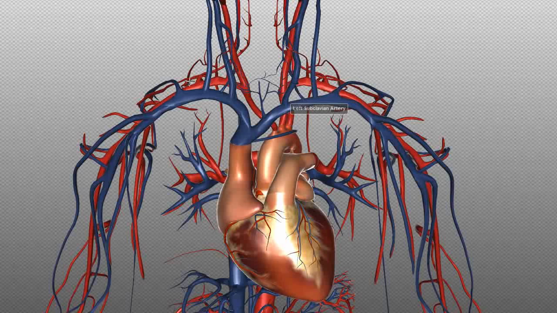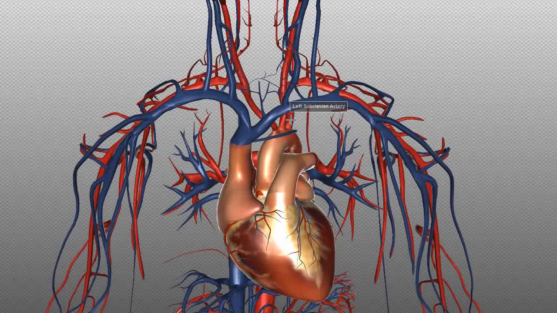The carotid arteries go up to the head to supply the head, neck and brain. So the brachiocephalic trunk splits into 2. It splits off into the right subclavian and the right common carotid artery. Here you've got the left common carotid and finally you've got the left subclavian artery.